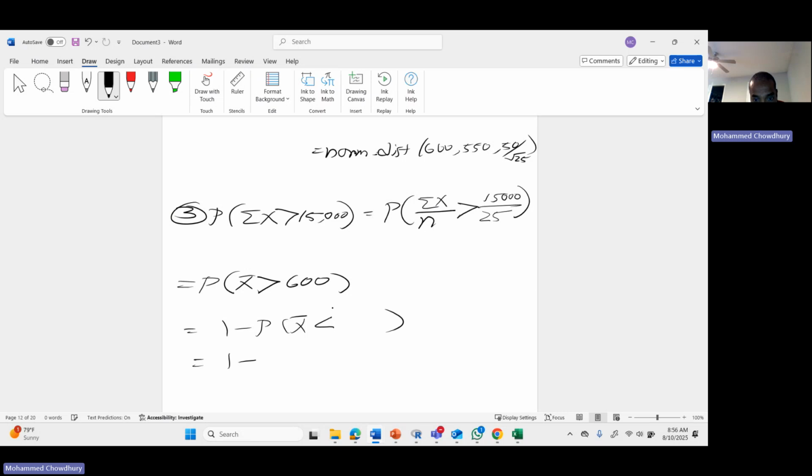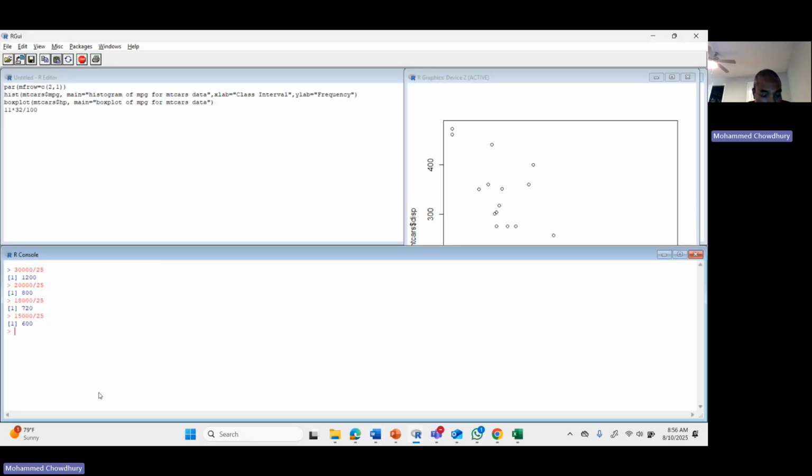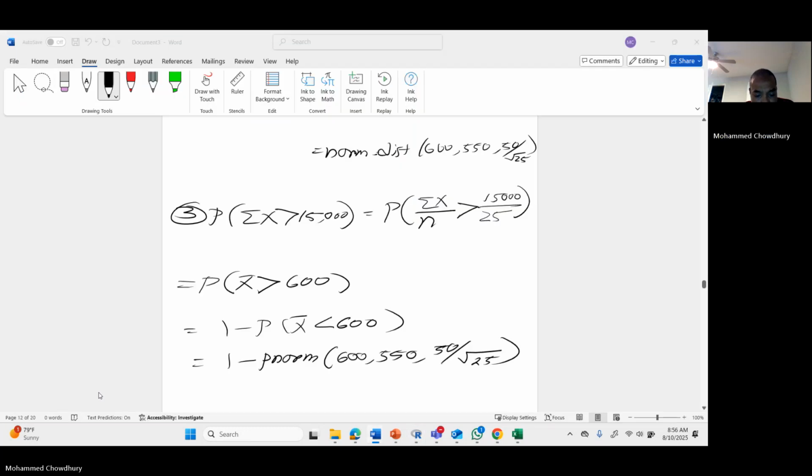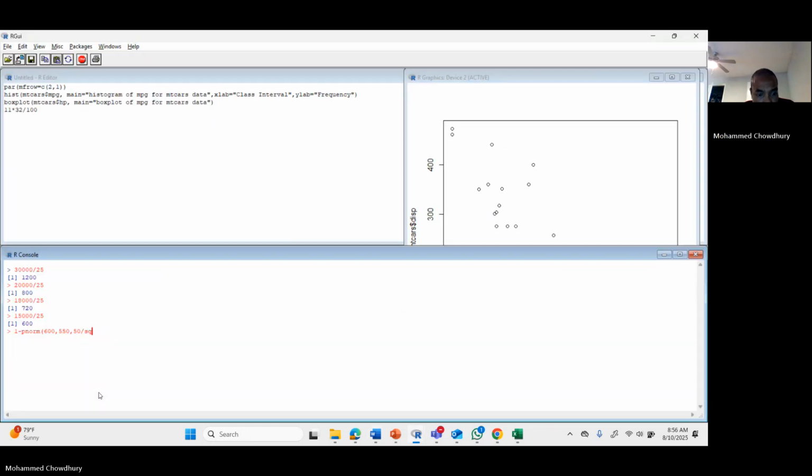So that is x bar less than 600. Now you can put pnorm of 600, 550, and 50 over the square root of 25, which gives you 1 minus pnorm of 600, 550, 50 over the square root of 25. So this is the result.